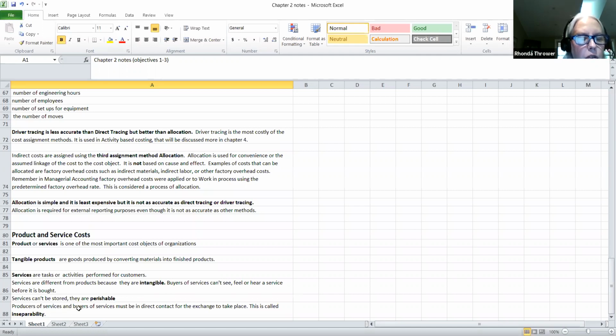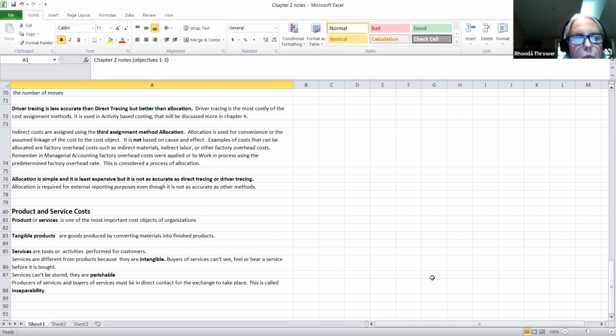Services cannot be stored. They are perishable. And so we won't be able to store a service like we would a tangible product. Also, you can't really distinguish between the producers of services and the buyers of services. They have to be in direct contact with each other for the service to actually take place.